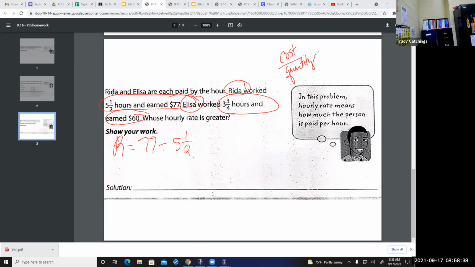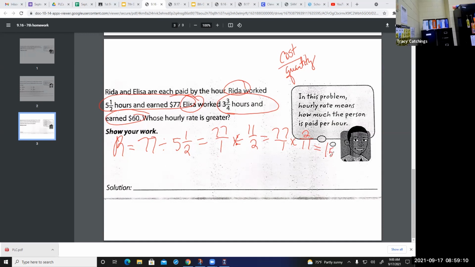Keep going. So the reciprocal of it? Okay, and they gave you what? What was 77 times 2? 154?